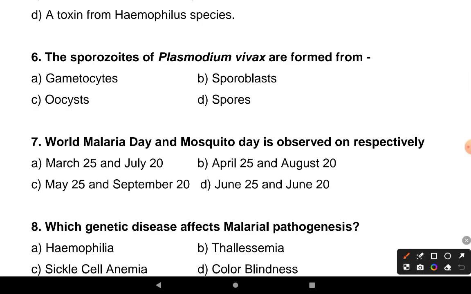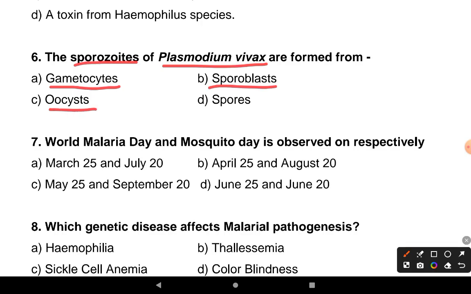Our next question is: sporozoites of Plasmodium vivax are formed from gametocytes, sporoblasts, oocysts, spores. The correct answer is option C. Sporozoites of Plasmodium vivax are formed from oocysts.